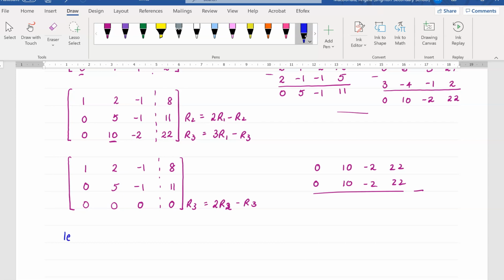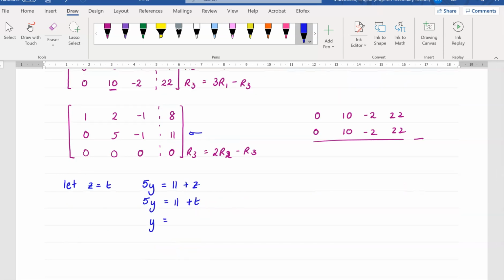So try this one again. We're going to let z equal t. Therefore, from this line here, 5y equals 11 plus z, so 5y equals 11 plus t.